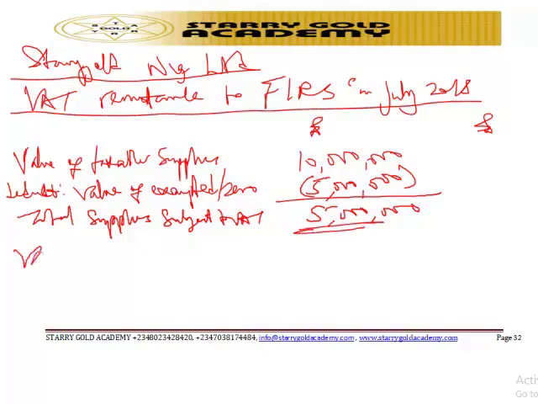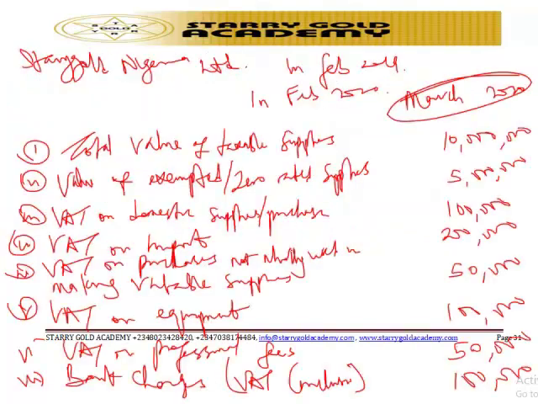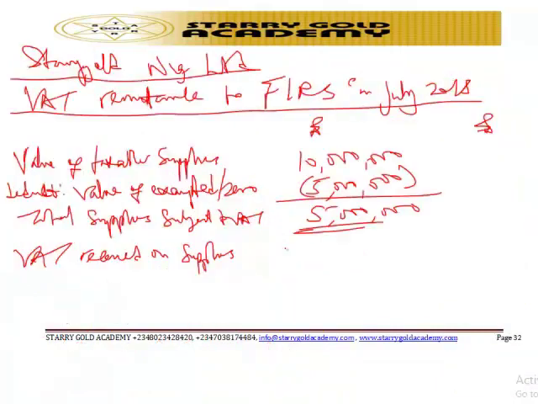Okay, so VAT received on supplies will now be 7.5% over 107.5 multiplied by 5 million naira.